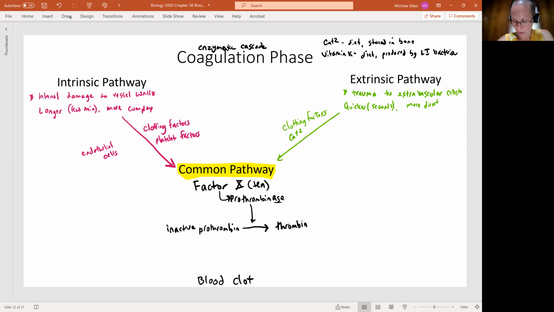And when we have our active thrombin, then that's going to convert our fibrinogen into fibrin. And once we have fibrin, we have our blood clot.